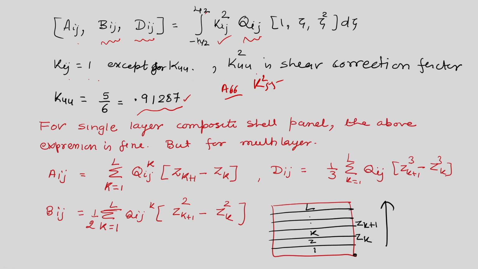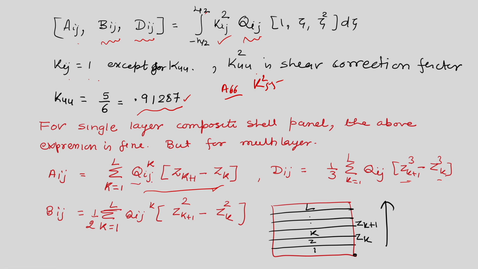For a single layer one can integrate and find out the value ultimately, but for a composite panel, as I have discussed in programming also, we have to take the coordinate system, with each layer thickness and the difference of the cubes divided by 3. Ultimately these are discrete layers, and we are adding the summation of the material properties of all the layers.